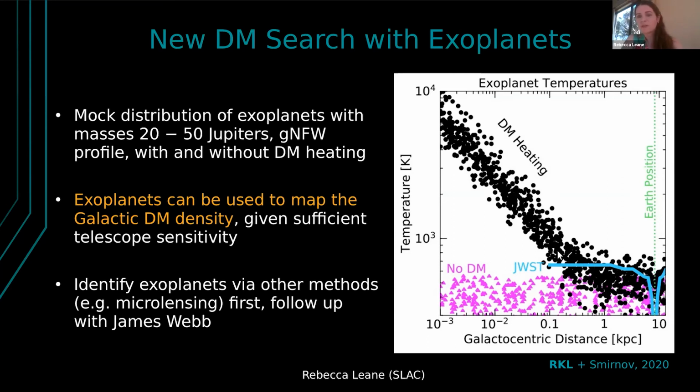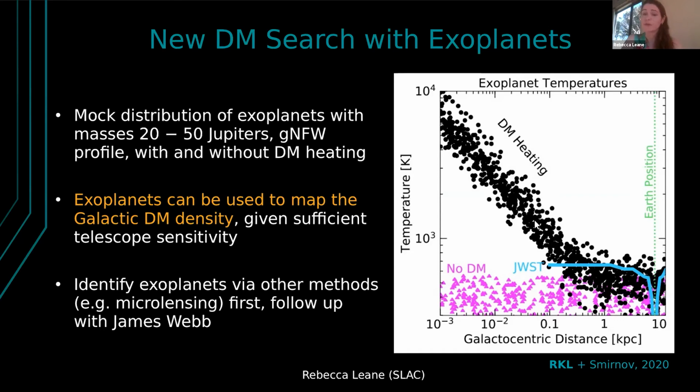Each of these black dots is a simulated exoplanet. So what you see happening is, if you could collect a lot of this data, so you could actually measure a lot of these planets, you get this pretty sharp uptick in the temperature of the planets. So this would be really quite a clear signal of the presence of dark matter heating these exoplanets.